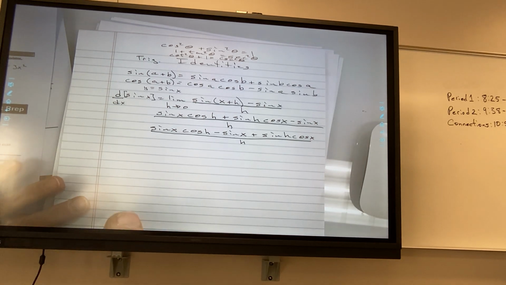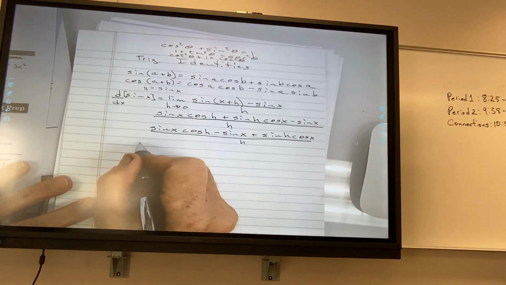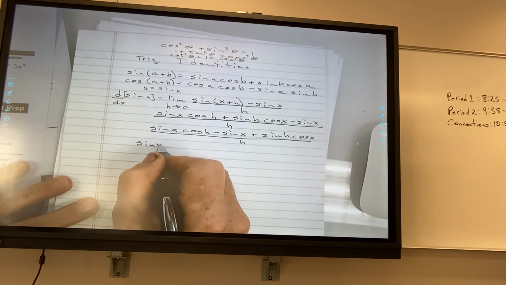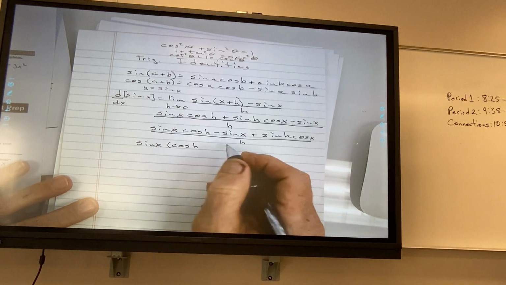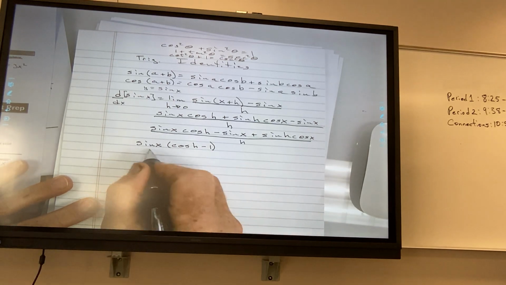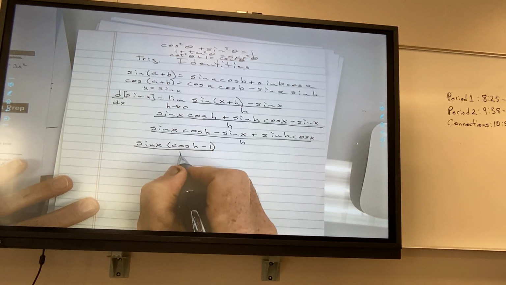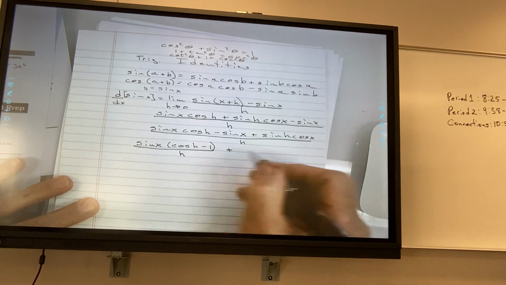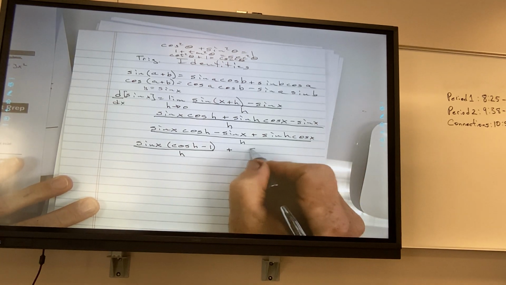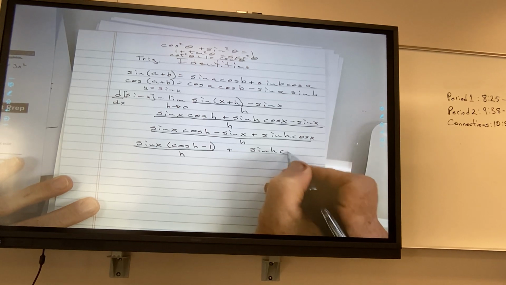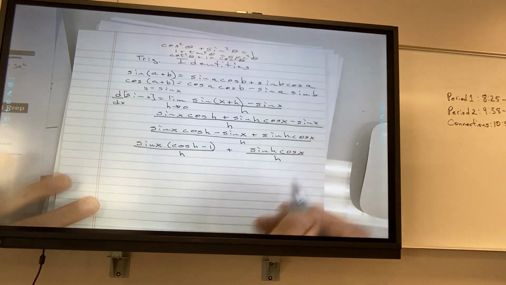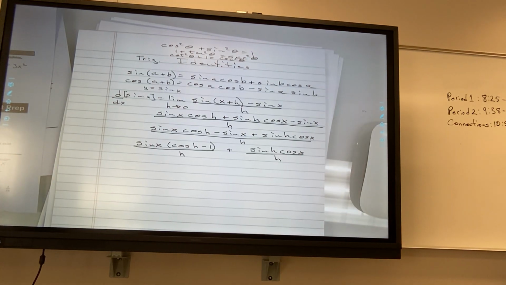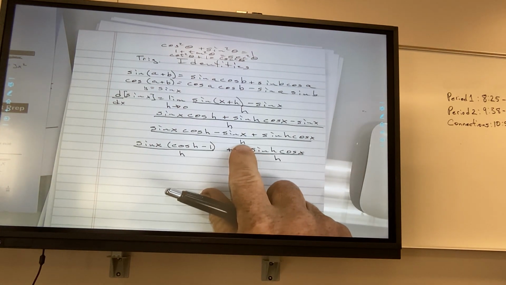Now, I'm going to take this and factor out a sine of x, and I'm going to get the cosine of h minus 1 over h, plus, and I'm going to come up with two fractions so they have a common denominator called h.